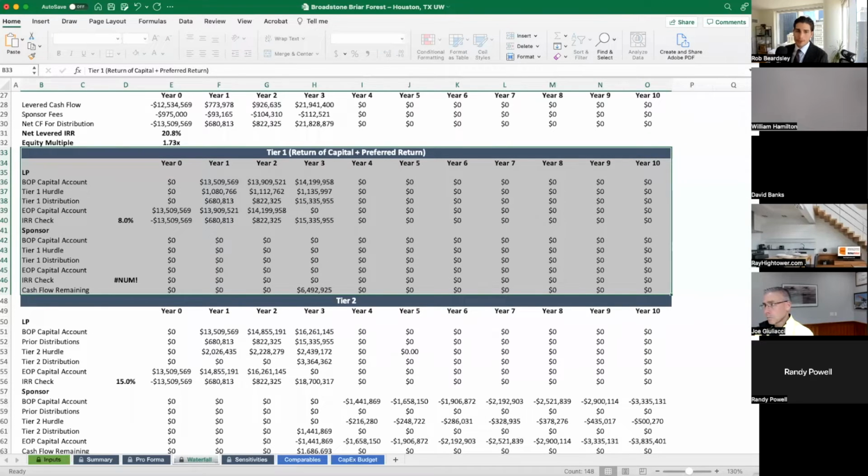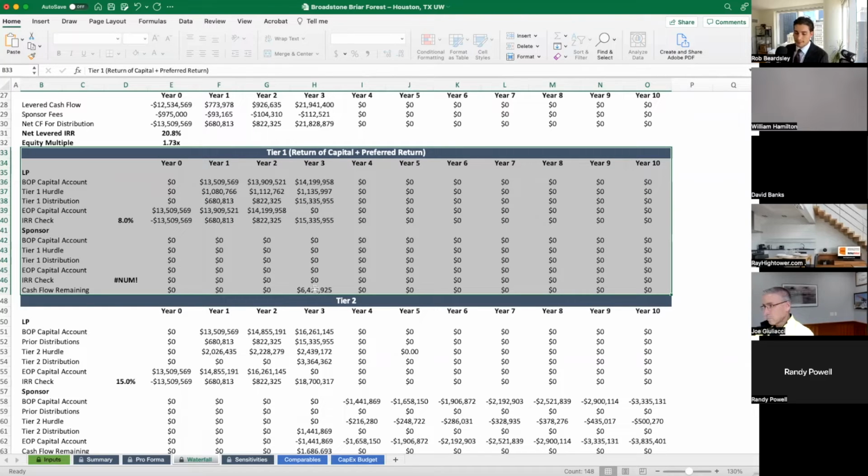The timeline over which 1 and 2 occur, I'm not quite sure if I understand your point about that. If you want to add to the chat or unmute yourself, we can cover that. But I've heard people talk about, be careful if the sponsor has a return of capital in their structure because they're trying to pay you off and get you out of the deal.